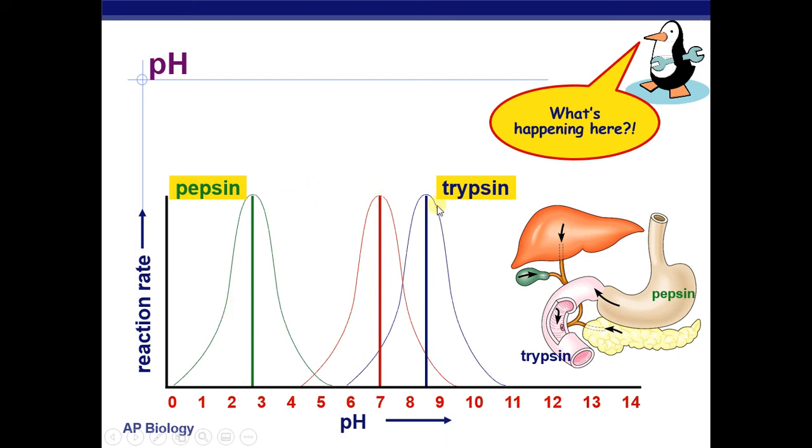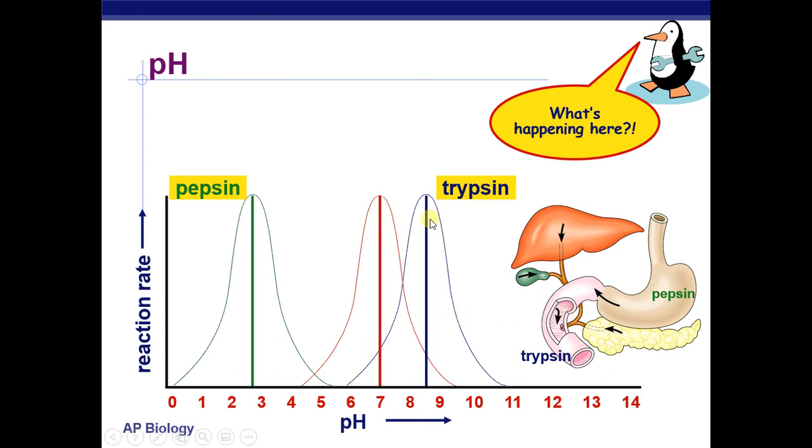Whereas trypsin, which is found in the duodenum of the small intestine, has an optimal pH of a little over 8, because a very basic substance, sodium bicarbonate, is dispensed into the duodenum by the pancreas to neutralize the stomach acid after gastric emptying.